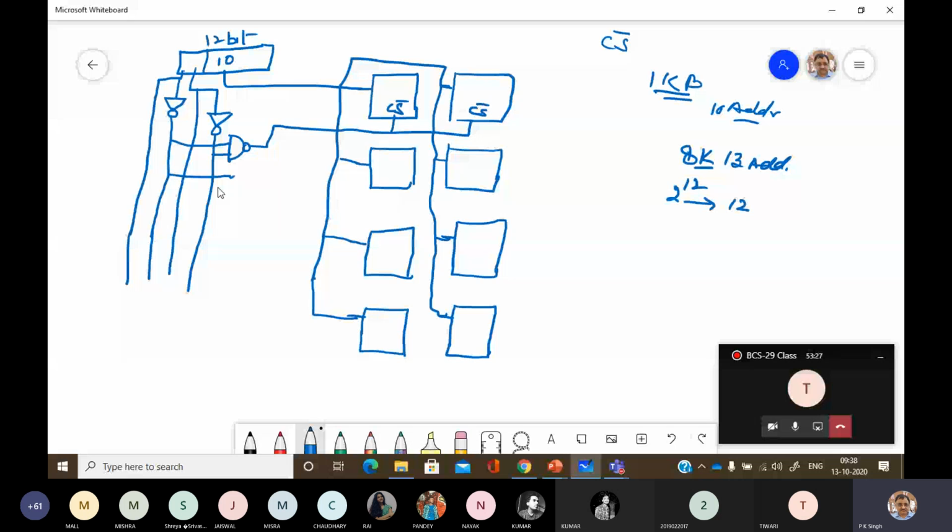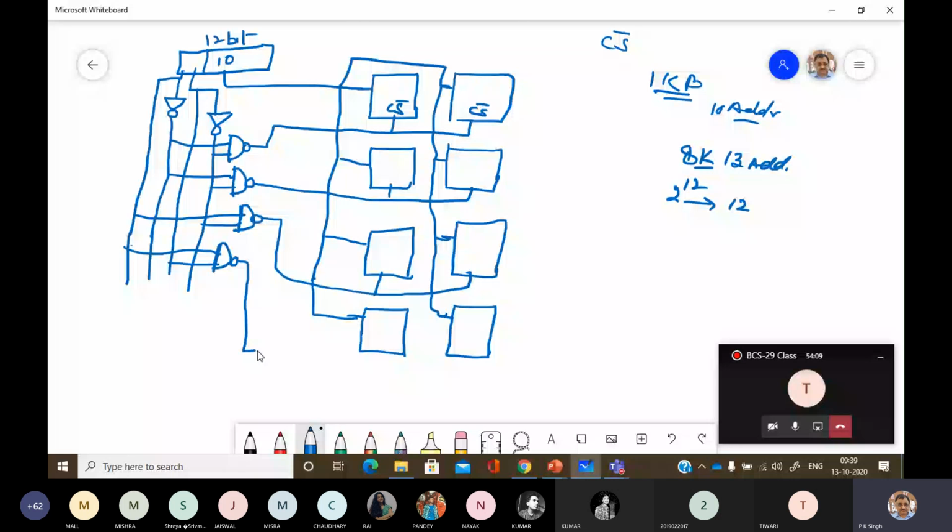Next, and final. This arrangement will be used for selecting the address. Now see data.